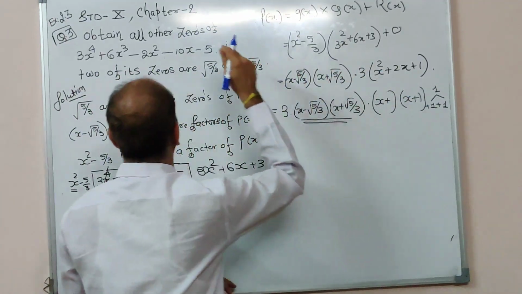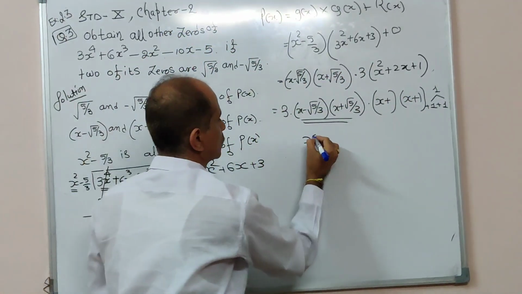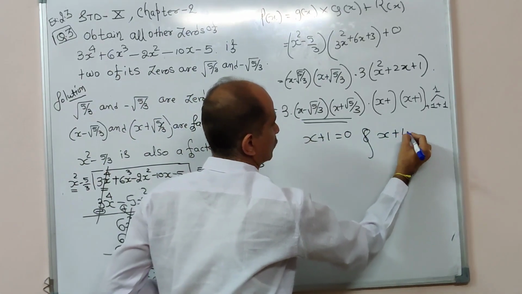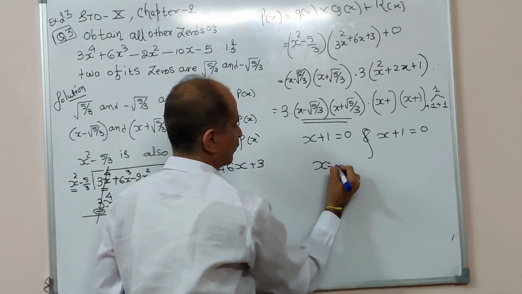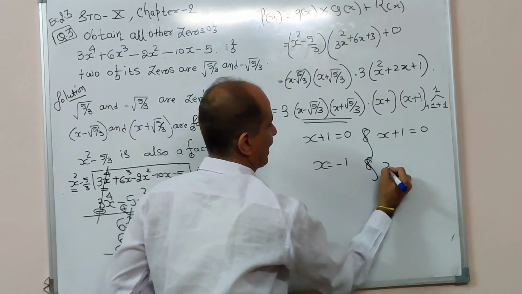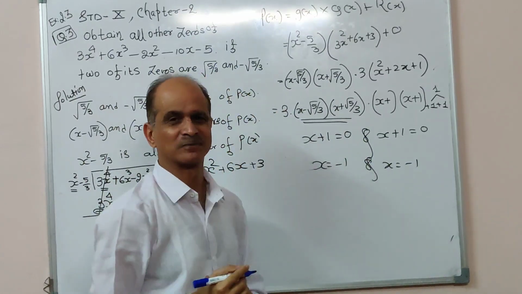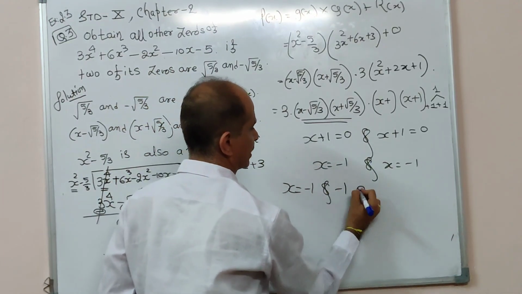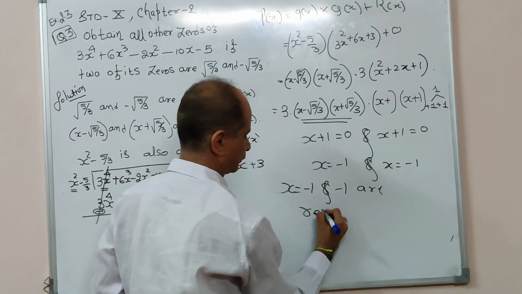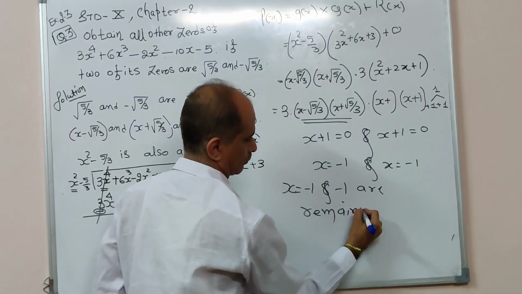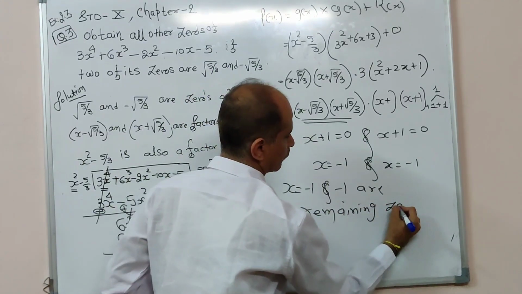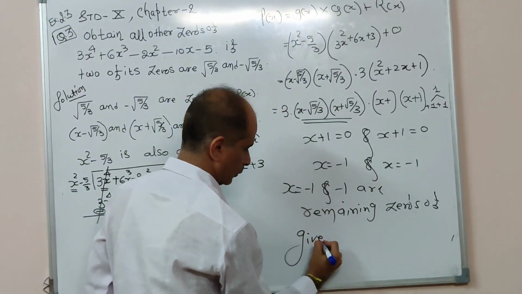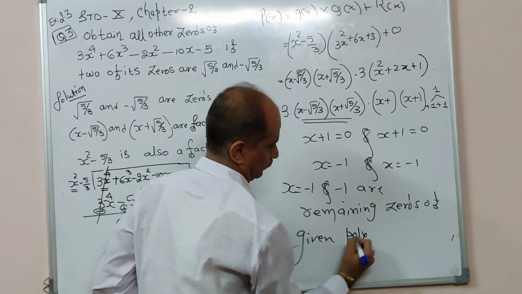So from this you can write down the remaining zeros. x plus 1 is equal to 0 and x plus 1 is equal to 0. Therefore x is equal to minus 1 and x is equal to minus 1. So minus 1 and minus 1 are the remaining zeros of the given polynomial.